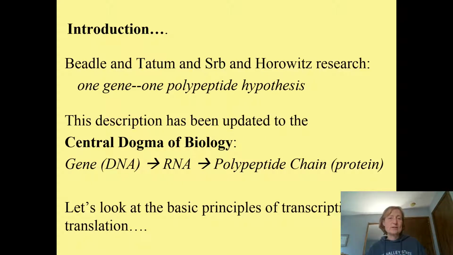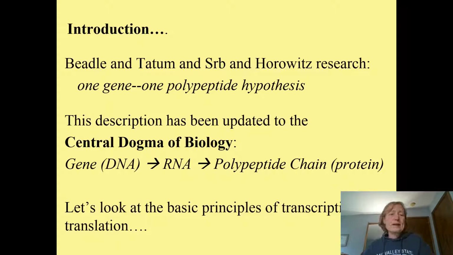Early researchers Beadle and Tatum and Srb and Horowitz came up with a hypothesis that said, look, one gene codes for one polypeptide, for the making of one polypeptide. This gene codes for the making of the enzyme amylase. This gene codes for the making of a transport protein. This gene codes for the making of a ribosomal protein, etc.